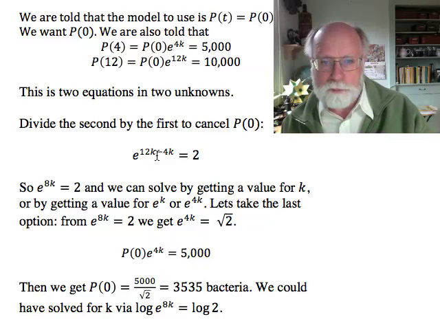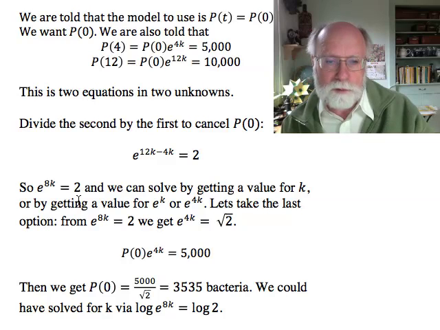E to the 12k divided by e to the 4k is e to the 12k minus 4k. You subtract the exponents when you divide. And 10,000 divided by 5,000 is just 2. So if I subtract, I get e to the 8k equals 2.